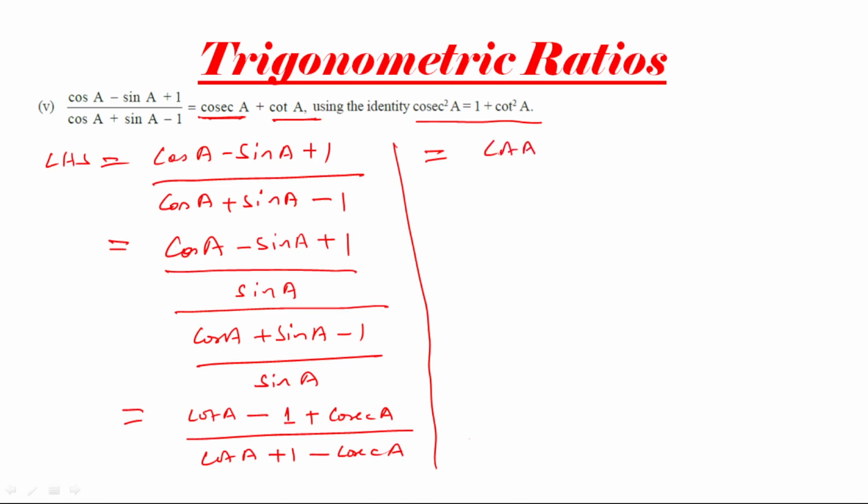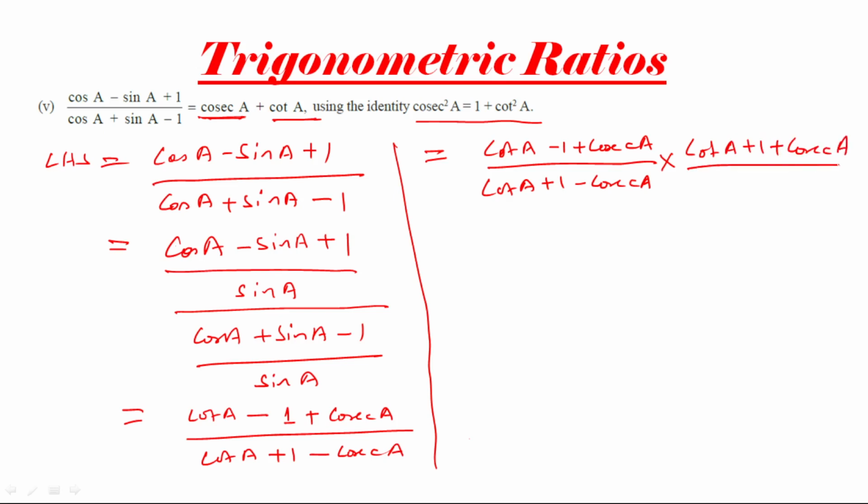So cot A minus 1 plus cosecant A divided by cot A plus 1 minus cosecant A. We will rationalize it by multiplying both numerator and denominator with cot A plus 1 plus cosecant A, because we have to utilize the formula which is given here, that is cosecant square A is equal to 1 plus cot square A. So that's the reason we are going to have this rationalization.